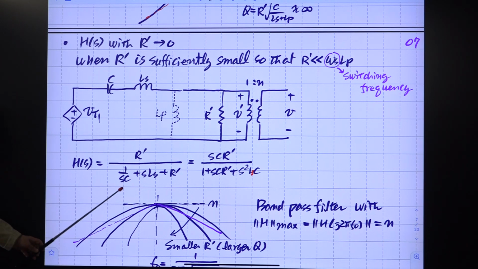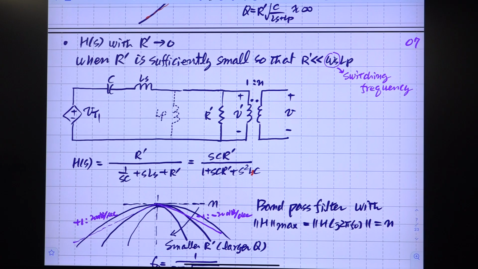So the plus 1 slope becomes minus 1. This increasing slope is plus 1, which is 20 dB per decade. This slope is minus 1, which is minus 20 dB per decade. So we have this kind of characteristic.